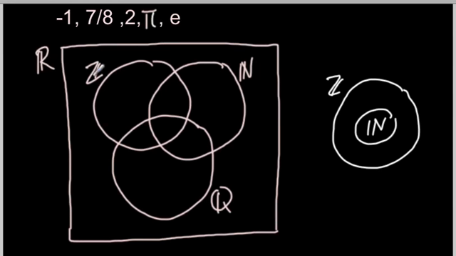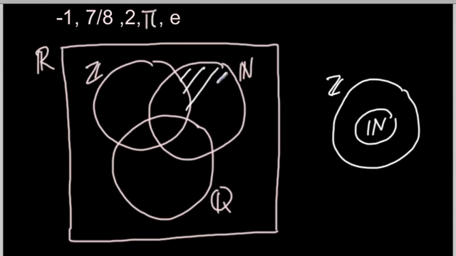Here is where we have the integers, and here the natural numbers. What we're saying here is that there are some natural numbers that are not part of the integers, which cannot be, because we said before that the natural numbers are part of the integers.